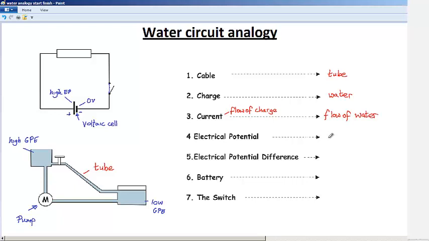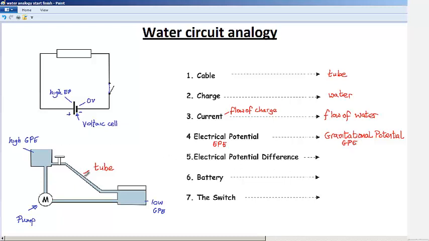Now, as we said earlier, the electrical potential is analogous to the gravitational potential in the water circuit. We would use the symbols EPE, electrical potential energy, and GPE, for the gravitational potential energy.